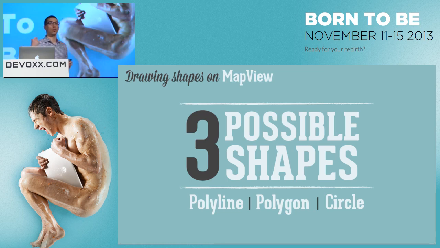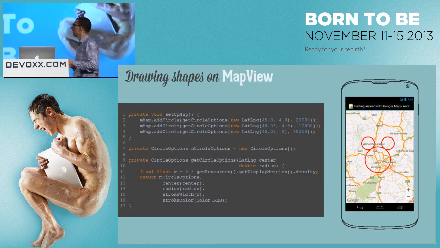So in order to show you that, I've decided to draw Mickey Mouse on Lyon, just by using circles. And here again, the API is quite simple. You just have to use @circle with the circle options. On this circle option, you can set different properties, of course, but here I just set the center, the radius in meters, the stroke width in pixels, and then the stroke color to red in this case.